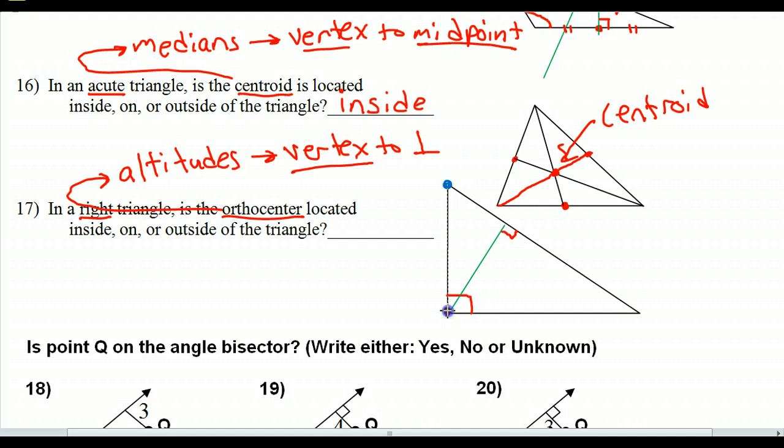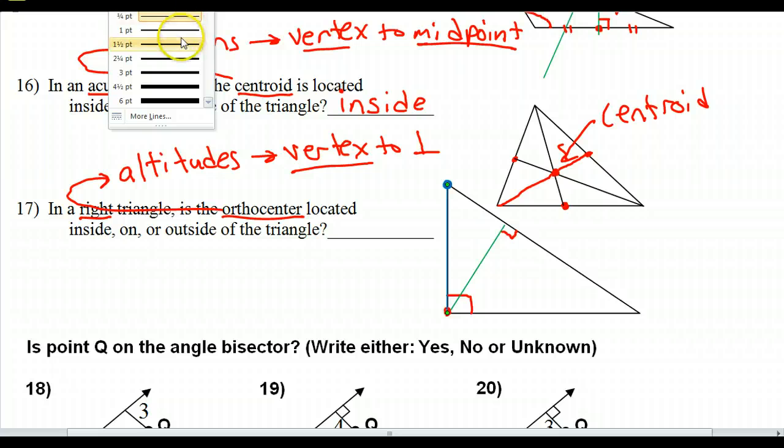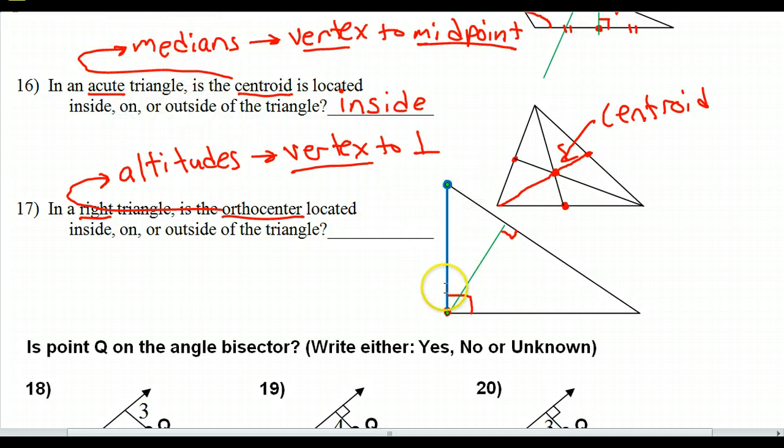To be perpendicular, it has to be straight up and down. So it would have to be this blue line right here. The blue line I just drew is the altitude that comes from this vertex, because it comes from the vertex, and then it is perpendicular.